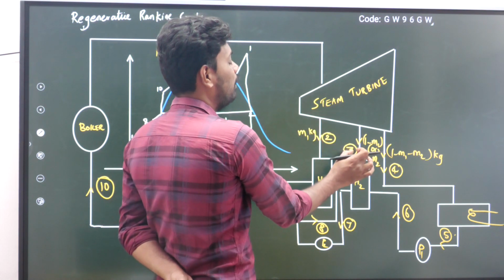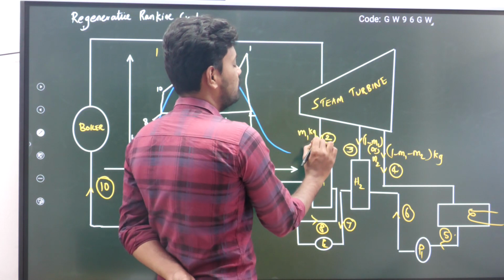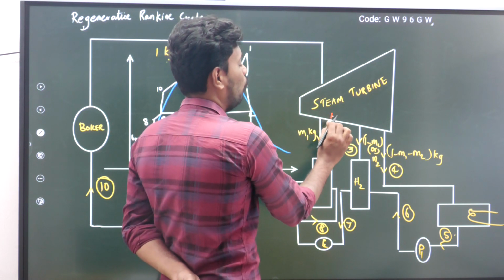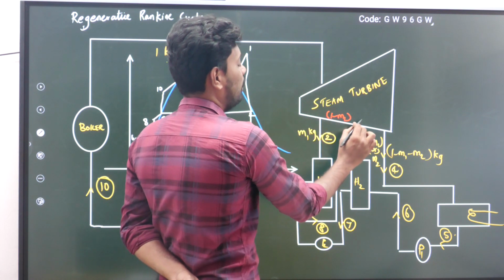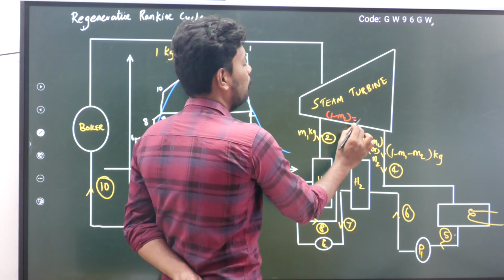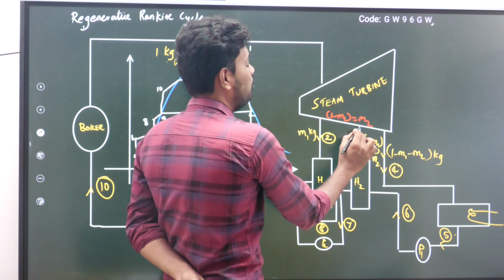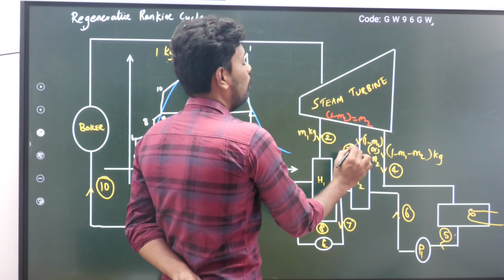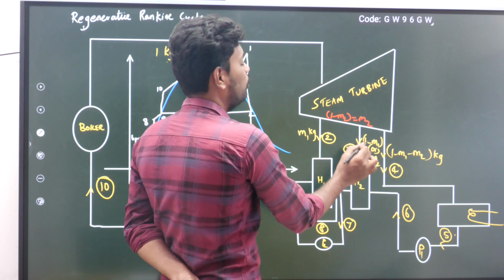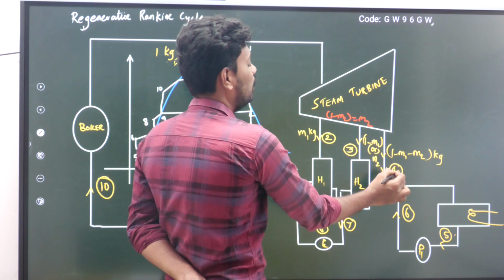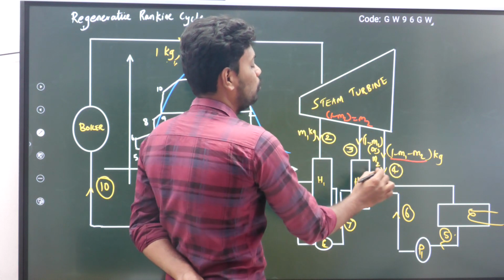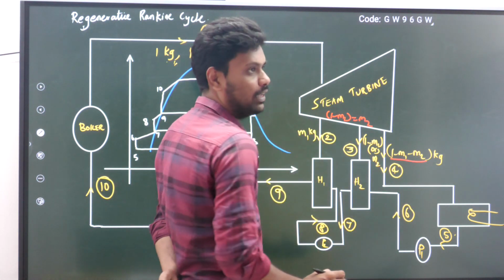Then what will be the remaining at point number 3? If I take this much, how much will go there? 1 minus m1 kg will remain after this. So 1 minus m1 kg, or m2 kg, of steam I am taking here. So I have taken m1 kg here, 1 minus m1 or m2 kg here, then what remains will go to the condenser: 1 minus m1 minus m2 kg of steam will go to the condenser.